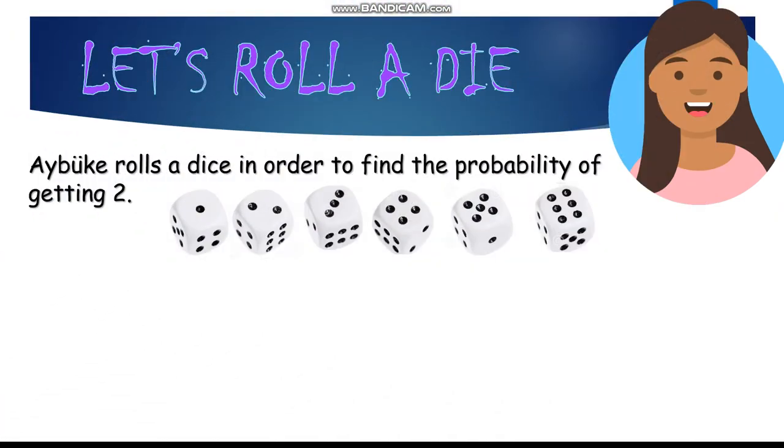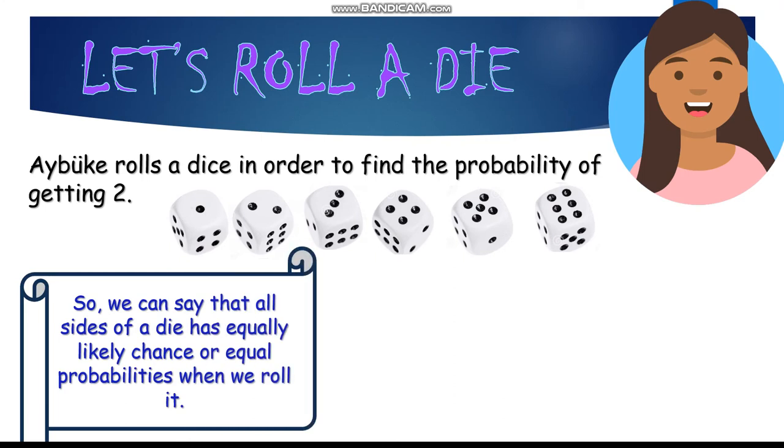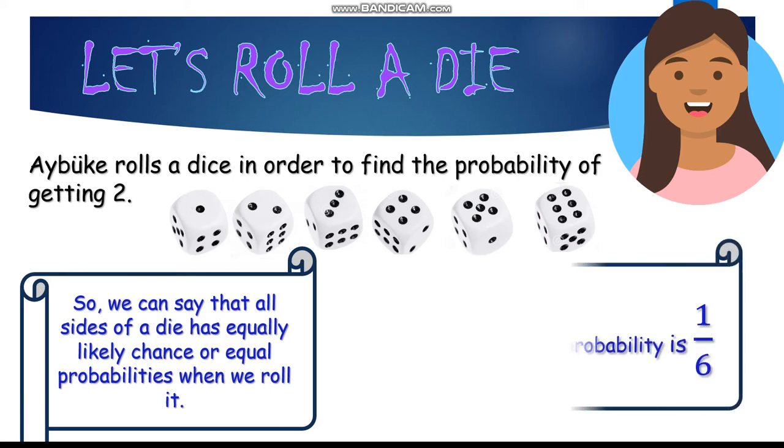So, what can we say? Yes, we can say that all sides of a die have an equally likely chance, or equal probabilities, when we roll it. So the probability of getting one side is equal to 1 over 6.